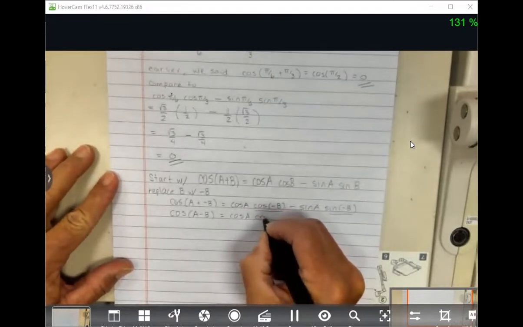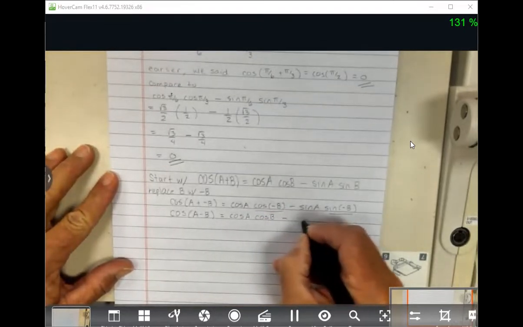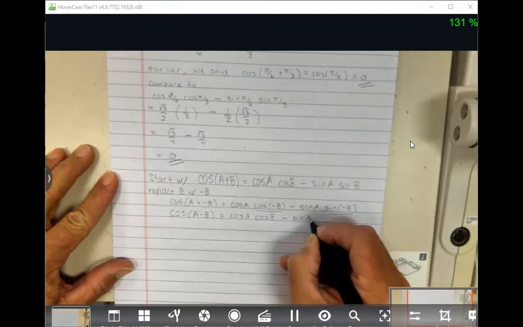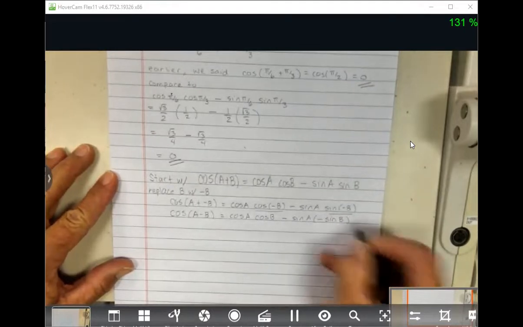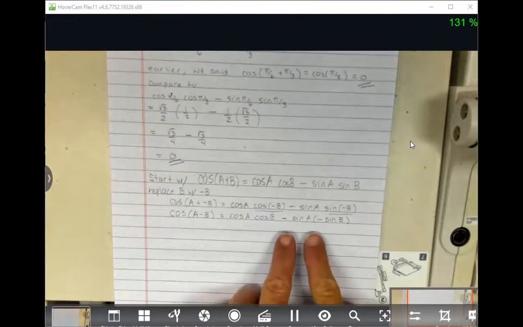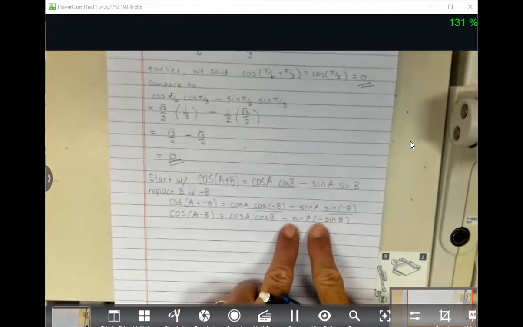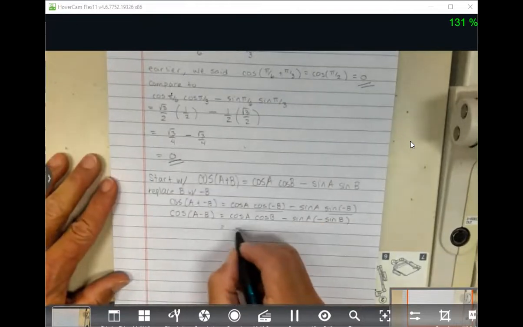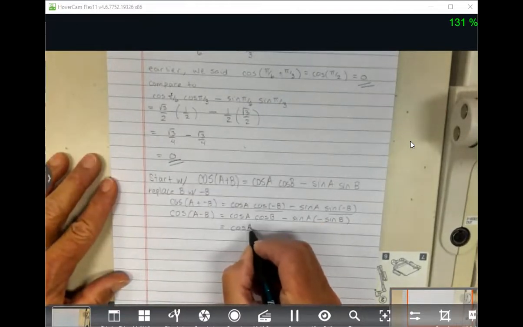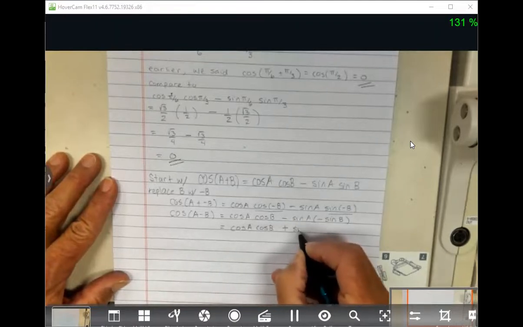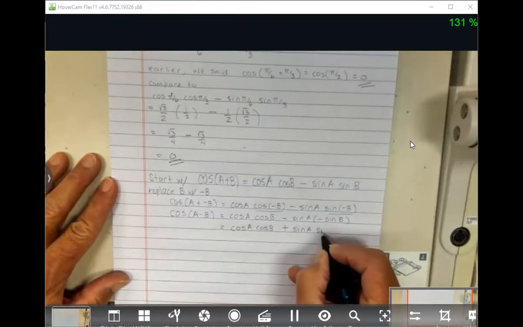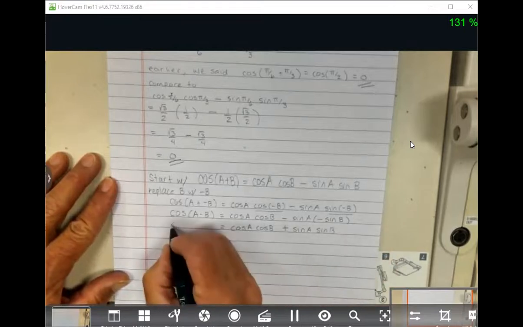Cosine of minus B is the cosine of B. Sine of minus B is minus sine of B. So I put these two negatives together and it gives me a plus inside: cosine A, cosine B, plus sine A, sine B. That's the difference formula.